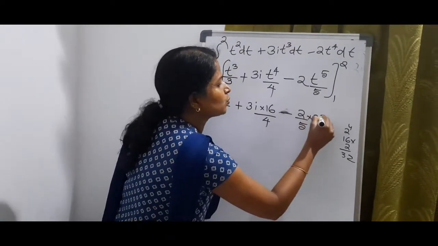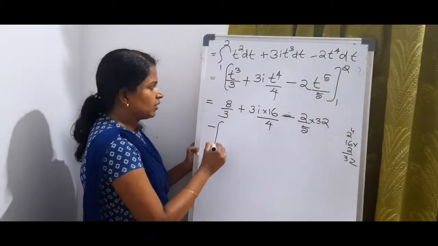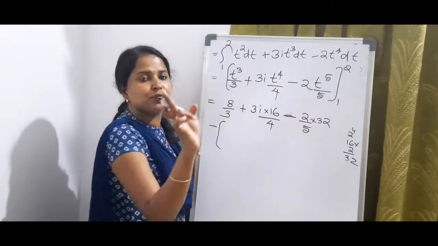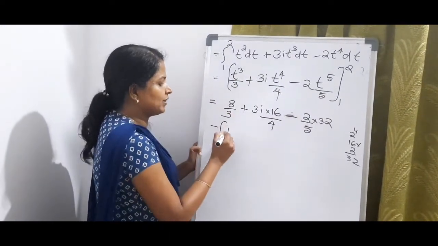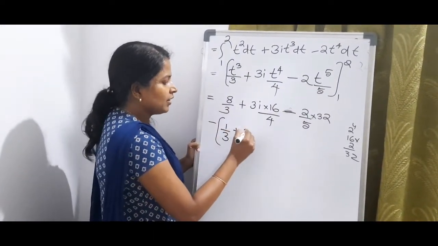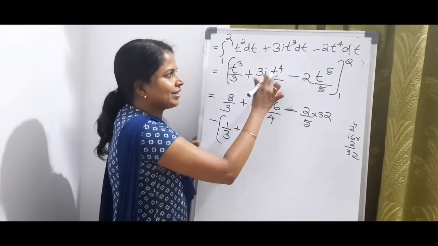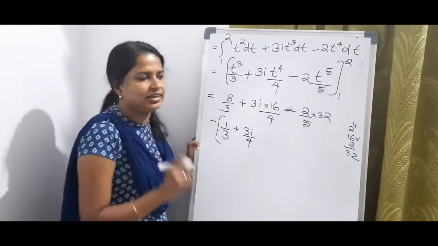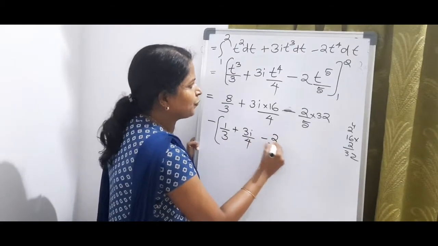Minus the lower limit, put t equal to 1: 1 by 3 plus 3i by 4, minus 2 by 5.